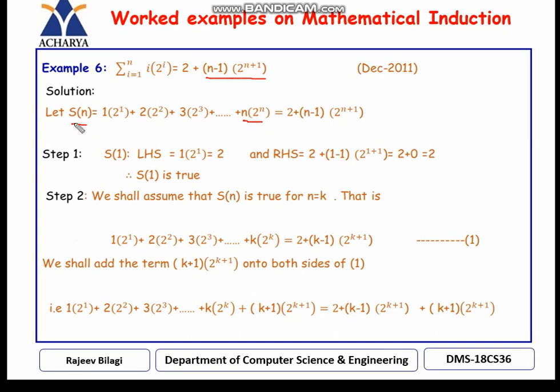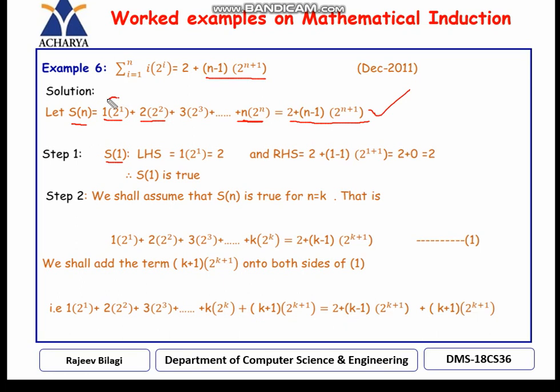So let us consider S of n as 1 into 2 to the power of 1, since i is equal to 1, plus 2 into 2 to the power of 2, since it is sigma, so plus plus plus, till n into 2 to the power of n, which is equal to 2 plus (n minus 1) into 2 to the power of n plus 1.